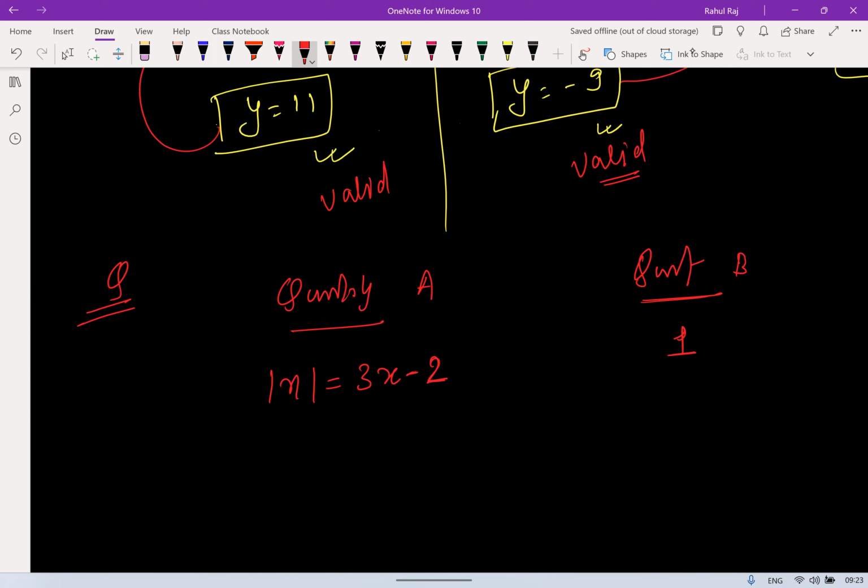I didn't use your shortcut method. In the first one for A, in case one x is 1, and in case two x is half. So x is 1 and half, you've got, right? And here you've got 1 for quantity B.